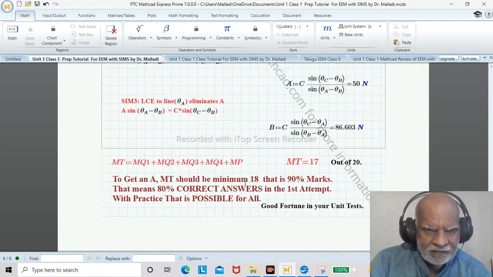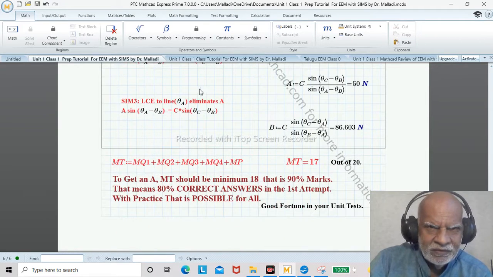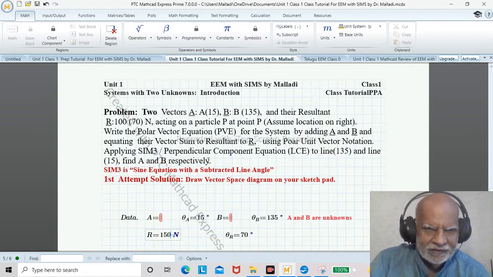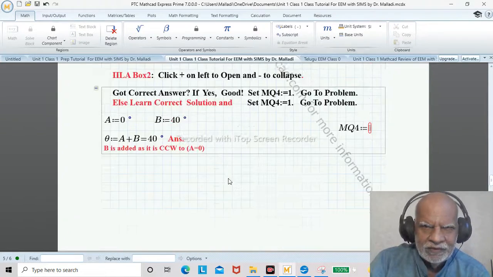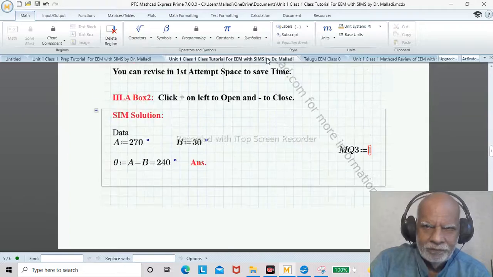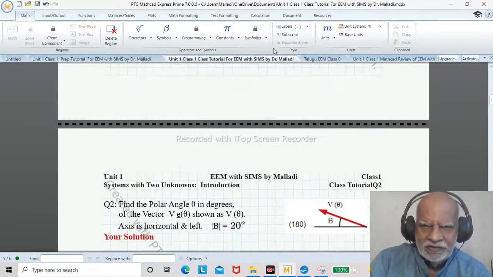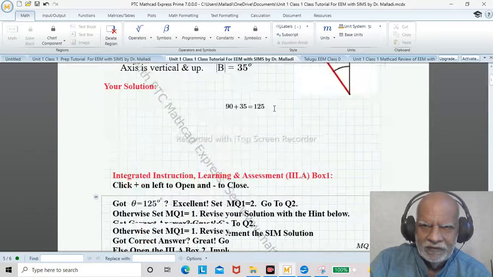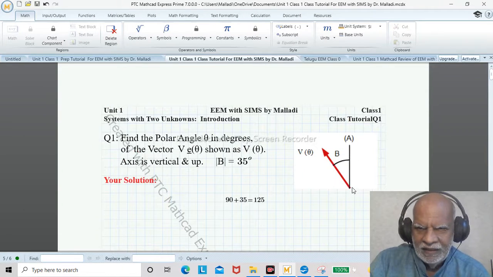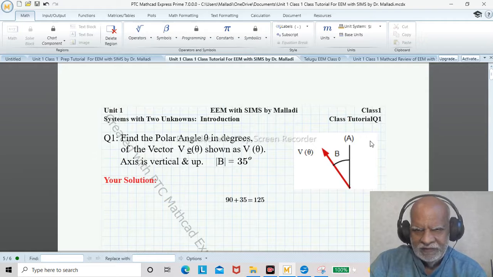Now, since we have some time, let us get to what you call the prep tutorial. This is the prep tutorial. Let me go to the class tutorial to show how it is different. See how teachers swarm questions. So I had a vector on this side previously in prep, so I gave it to this side.